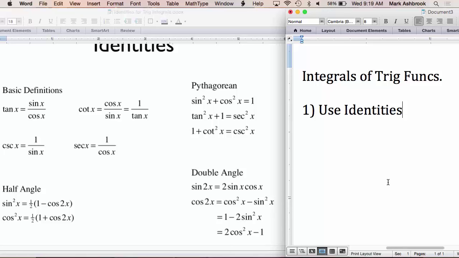So the basic definitions of tangent, cotangent, cosecant, and secant. All the Pythagorean identities. So sine squared plus cosine squared equals 1. And then the equivalent for tangent squared and the equivalent for cotangent squared. This second one just comes from the first one by dividing all terms by cosine squared.